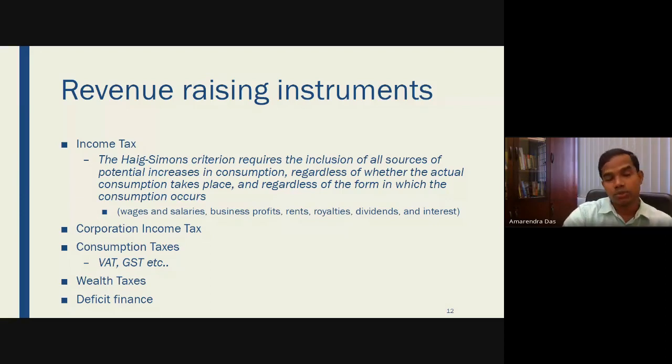And then in theory also in public finance, we discuss the deficit finance. That means if the revenue falls short of the expenditure, there is a deficit. Now, how should the government finance this? Okay, whether it should go for printing money, whether it should borrow from the market.